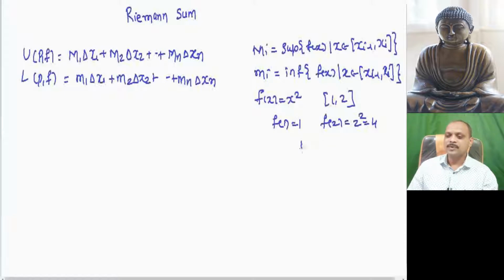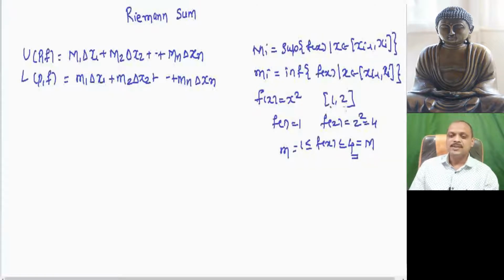So 4 is the maximum value of this function. This is our capital M and this is our small m for the interval 1 to 2. But you can see that there are a number of points between 1 and 2.